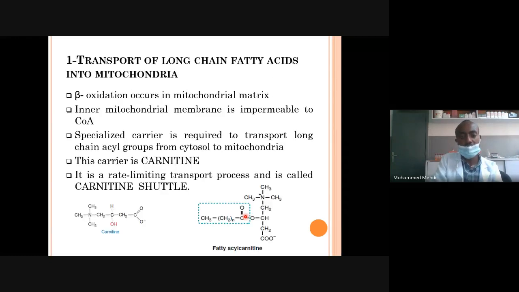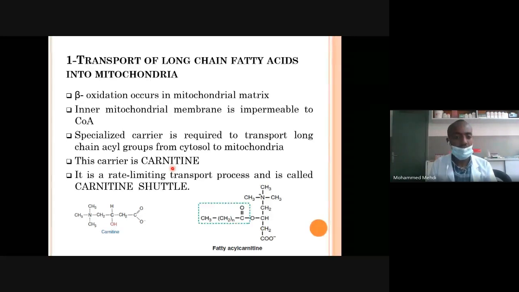How is it replaced? Which molecule replaces the coenzyme A? It is replaced by carnitine. Carnitine is a peptide molecule made from lysine and methionine amino acids, either endogenously synthesized or obtained from dietary food, especially from meat.